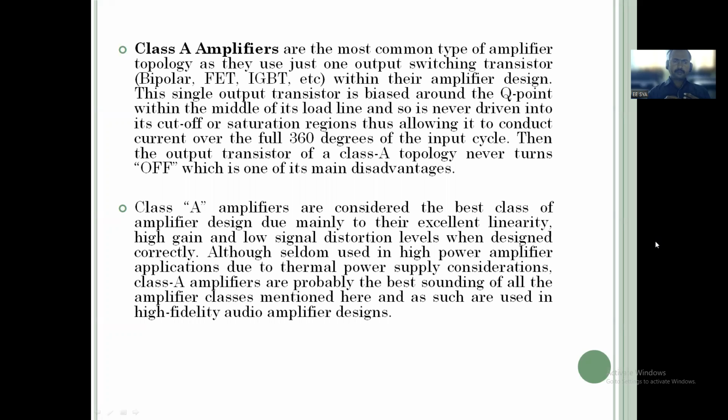See, for the purpose of the class A amplifier, we use devices such as BJT, FET, or IGBT, right? These three are nothing but transistors: bipolar junction transistor, field effect transistor, insulated gate bipolar transistor. According to the need, they have to be used.